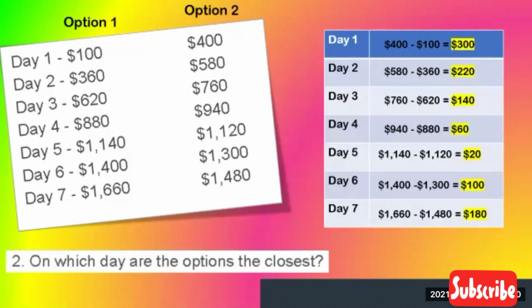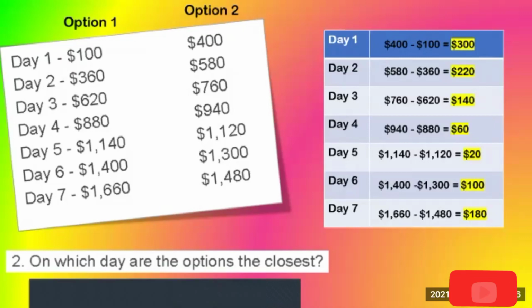Now it asks which day the options became the closest. So what we need to look for is the smallest difference, which will give us the day that the options are closest. So I have looked at day 1 and I realized that the difference is $300. On day 2, it is $220. On day 3, it is $140.